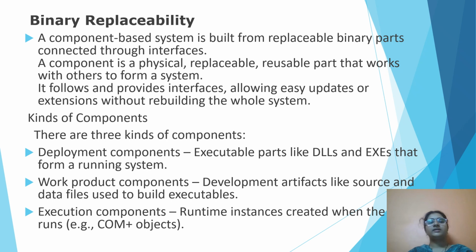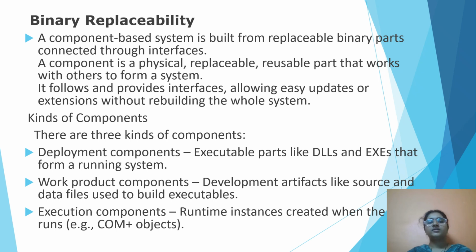Binary replaceability. A key feature of component-based architecture is binary replaceability. This means a component can be replaced by another component that provides the same interfaces without rebuilding or recompiling the entire system. This property makes software systems flexible, reusable, and maintainable.